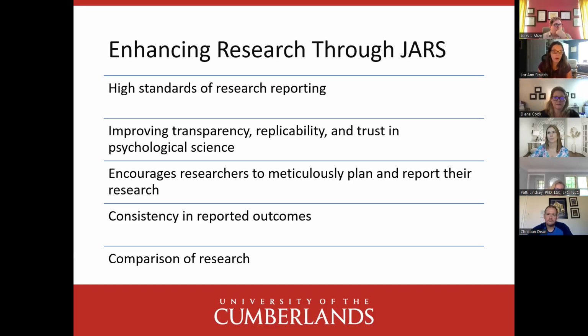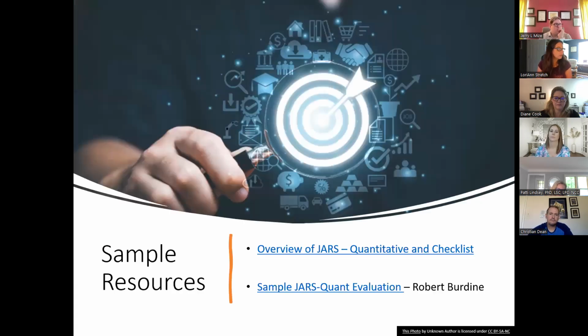Consistency in how we report our outcomes means we can compare research, right? I think that's something really exciting about this process: now I can put some articles beside each other and really start to compare effect size. I can probably do a better job with meta-analyses now because I have the data that I need to be able to do that. So this is a really exciting move in our field.